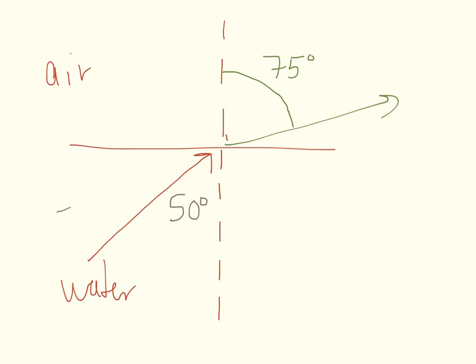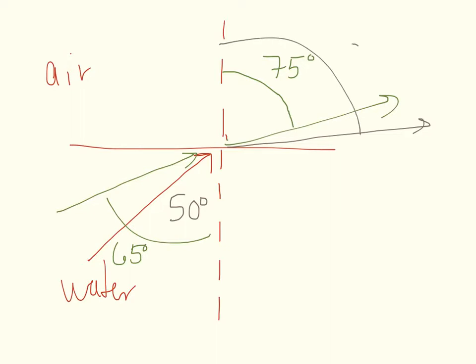I increase this angle. I make this angle, say, 65 degrees. Okay? So now, as a result, this other angle gets much bigger. The refracted angle now might be 85 degrees. But eventually, this angle might get to a number that causes this to be 90 degrees.